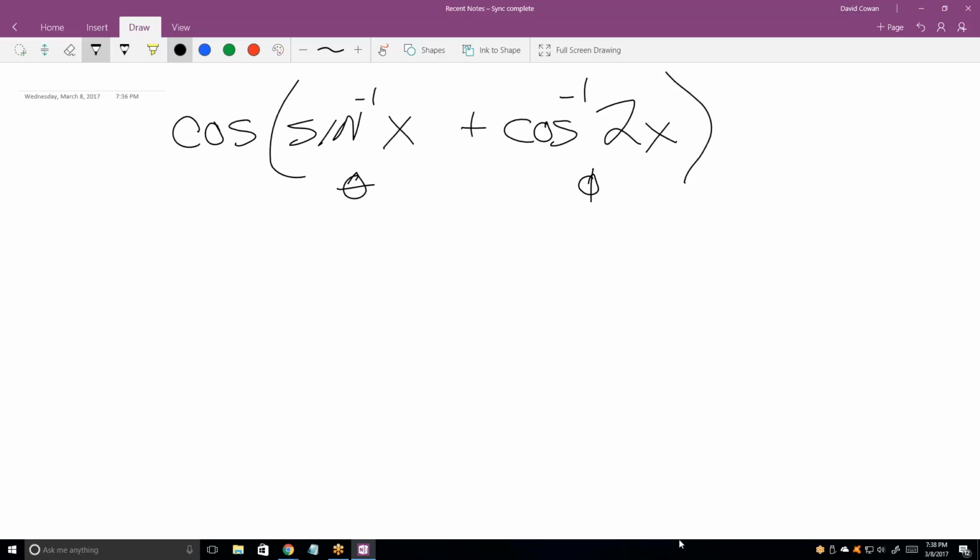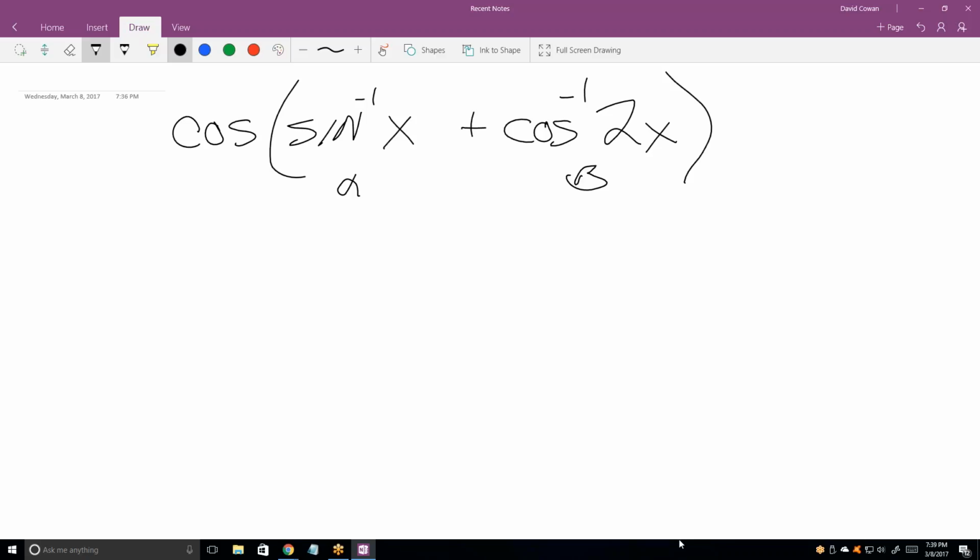Oh, that's okay. Let's call these angles alpha and beta. There's alpha and there's beta. Greek letters are usually used for angles, whether it's theta or delta or alpha or beta or phi. Just a Greek letter usually means an angle.